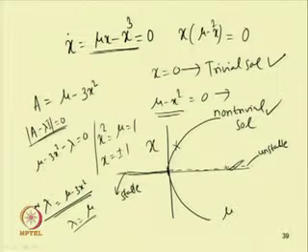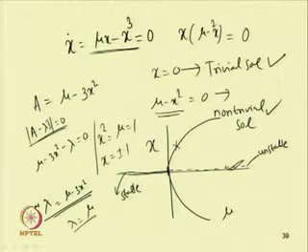Then lambda becomes 1 minus 3 x square, so 3 into 1 square, so 1 minus 3, which becomes negative. As it is negative, this is a stable branch. Similarly, this is also a stable branch. So, here what we have observed is that from a stable trivial branch, we have two other stable non-trivial branches.